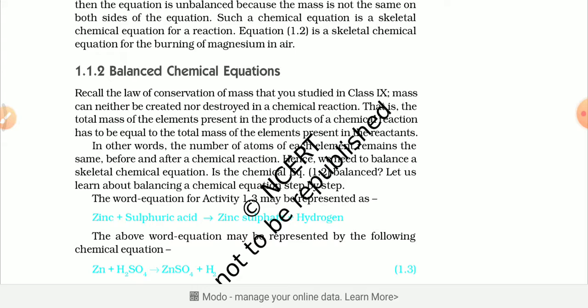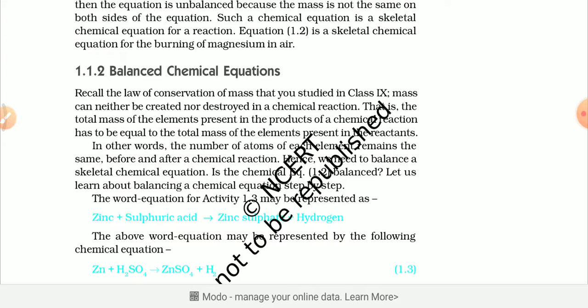A chemical equation we can write in two ways. The first way is in words, which is called the word equation, and if we write it in symbols, that is the simplest way which we use in writing the chemical equation. The best and simplest way to write the chemical equation is to use the symbols of elements.